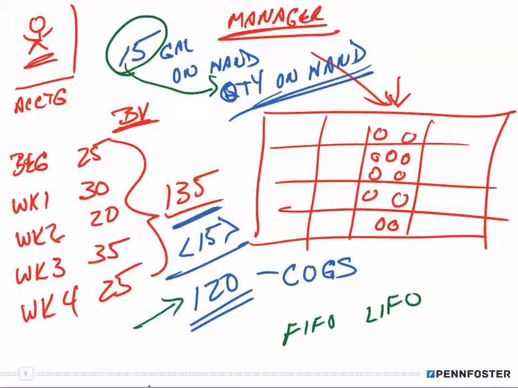The 120 units, we have to do this one extra calculation in order to know how many units were taken out for the cost of goods sold. Okay, so knowing 15 on hand and we have 120 left, now we apply the FIFO method. We're using 120 as the basis.